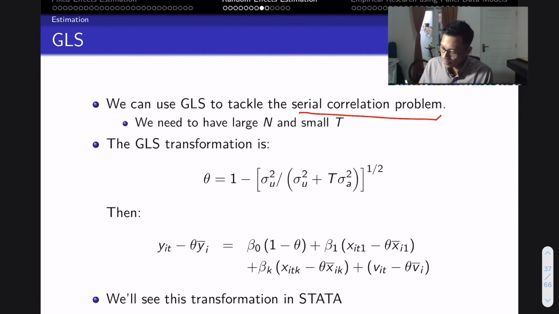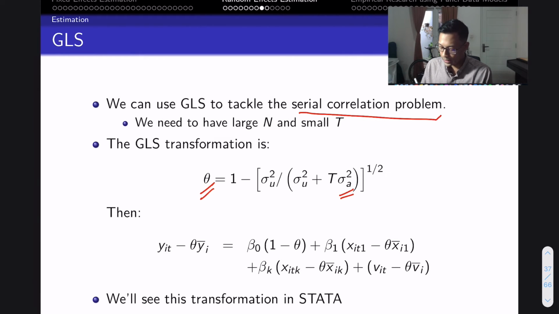So sigma square u is going to be the variance of the shocks, and sigma square a is going to be the variance of the unobserved heterogeneity. Okay, and so we're going to use this theta in the equation. Just briefly take a look at this estimating equation.